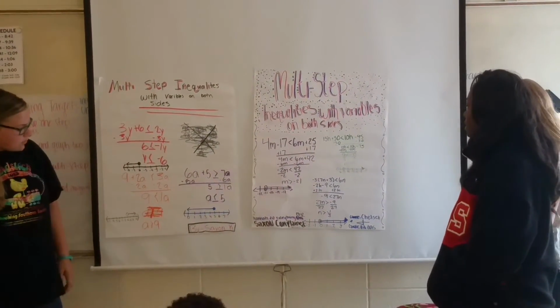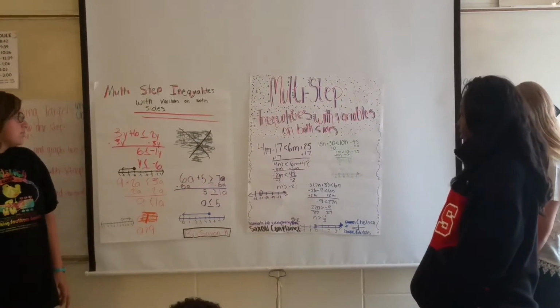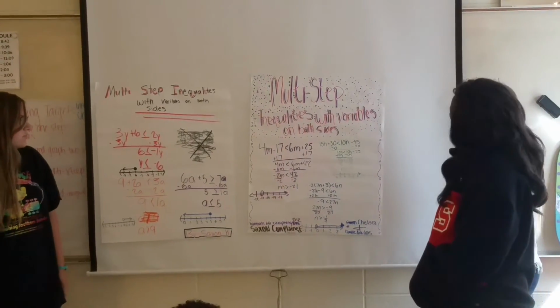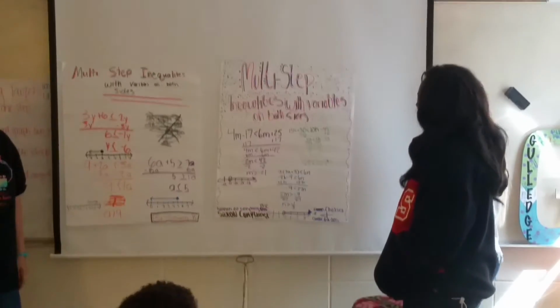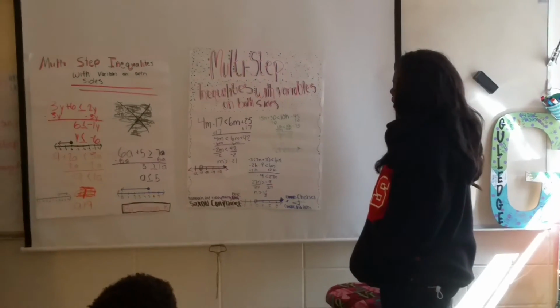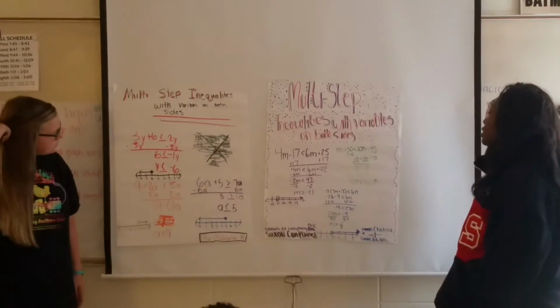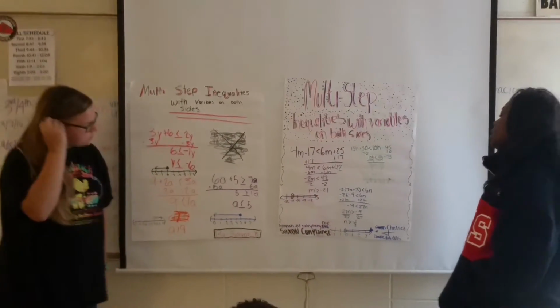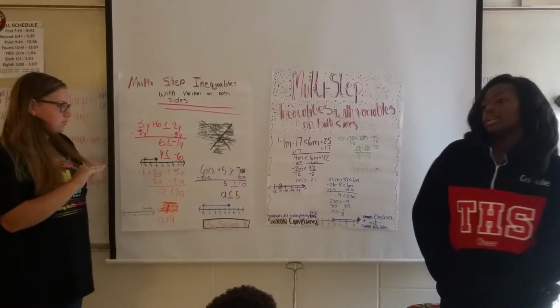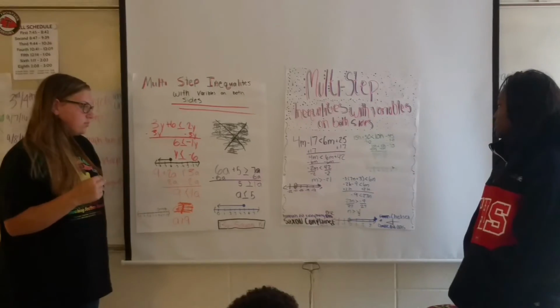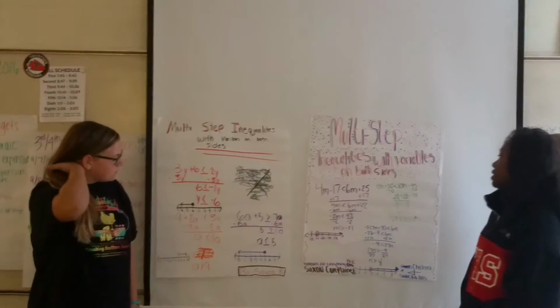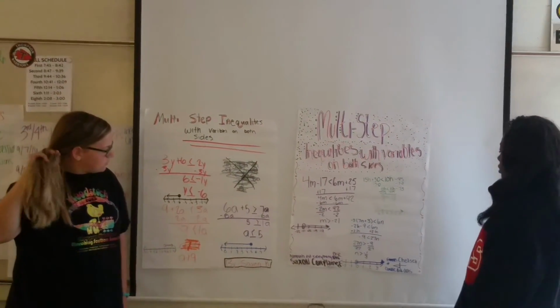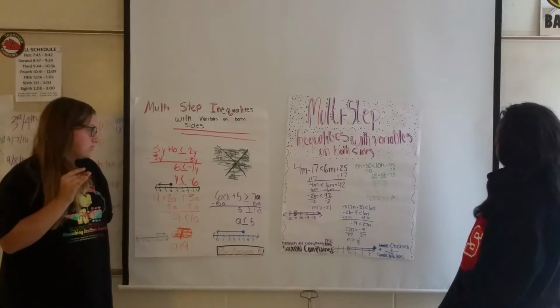Then you would move 6m to both sides, and you would get negative 2m is less than or equal to 42. Then you would divide by negative 2 on both sides, and you flip the sign, and you get m is greater than or equal to negative 21.